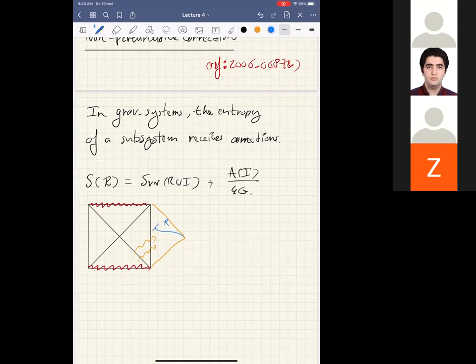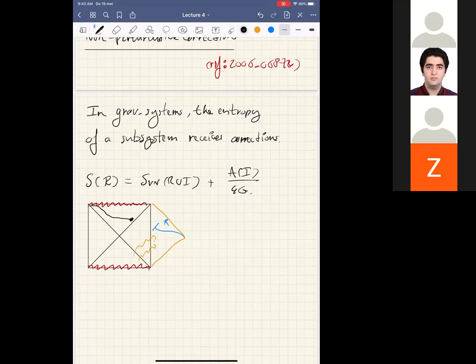So you might naively say, okay, when I compute the entropy associated with this region R, I can just compute the von Neumann entropy of this region, but it turns out that this formula receives corrections, and you need to allow for the possibility of a so-called island region that lies in the bulk of the ADS space and ends at some endpoint I. So to compute the entropy of this region R, you need to compute the von Neumann entropy of the union of this R region and this island region, and you need to include this area term associated with the island.